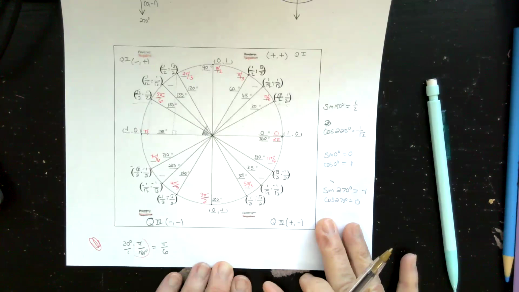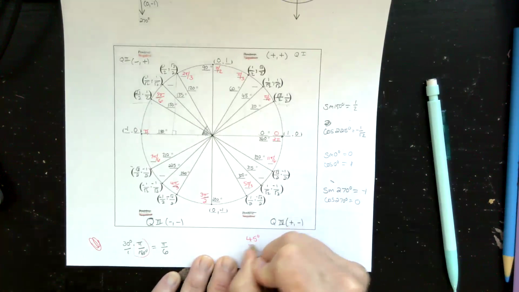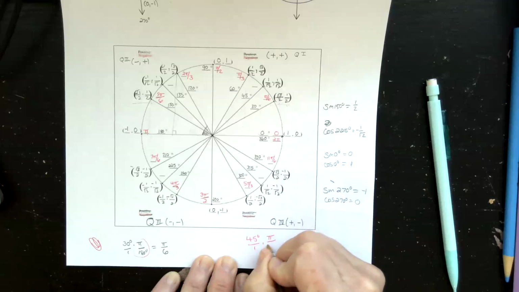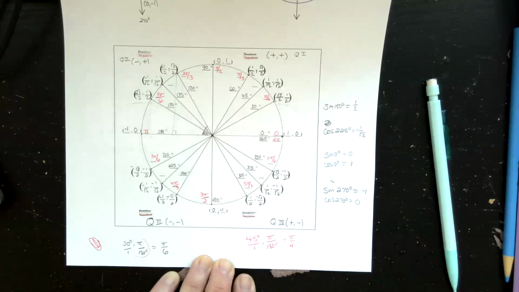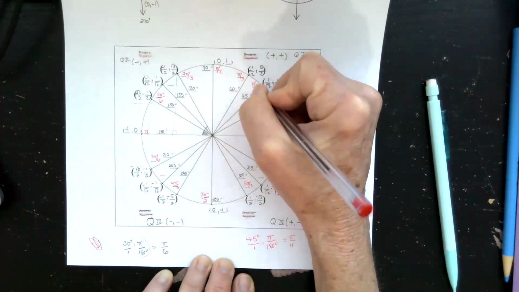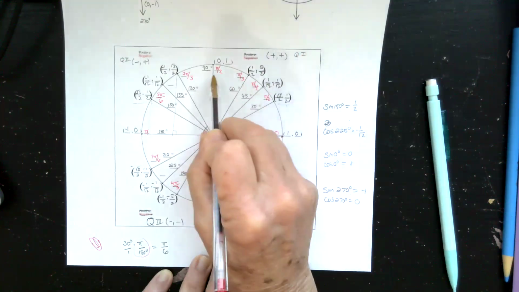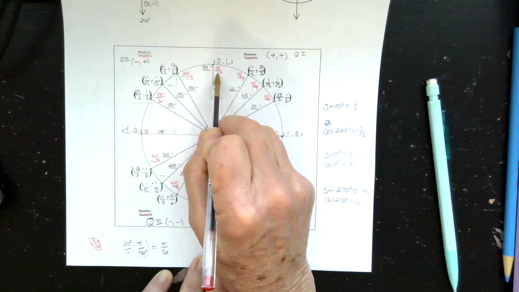Now, I'm going to go around and get the 45s. 45 degrees, if I convert it to radians, will give me pi over 4. So 0 plus pi over 4 is pi over 4. Plus another pi over 4 lands me here, and that's 2 pi over 4, which can simplify to pi over 2.